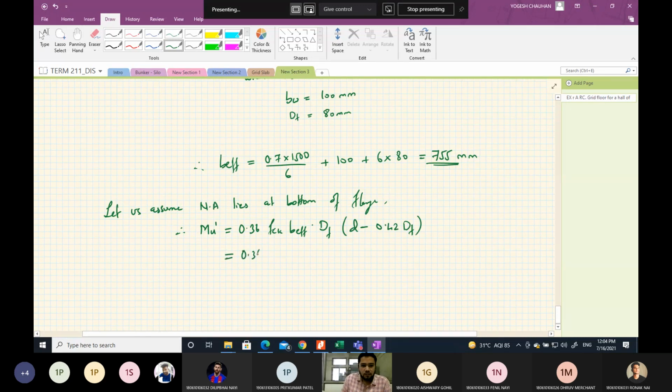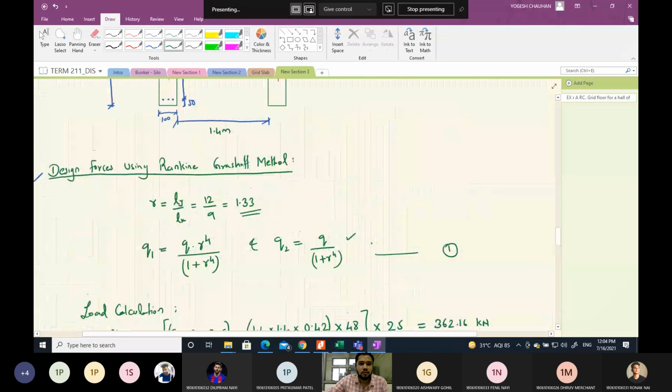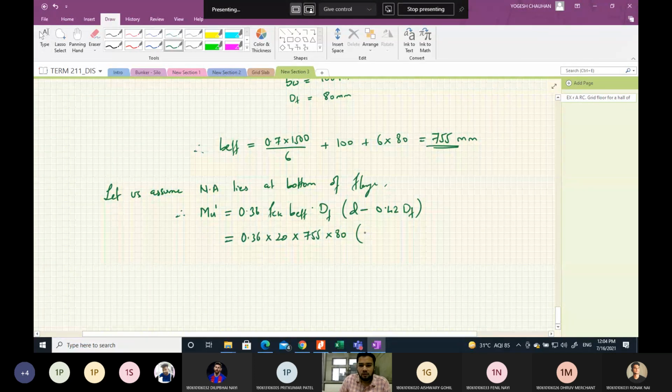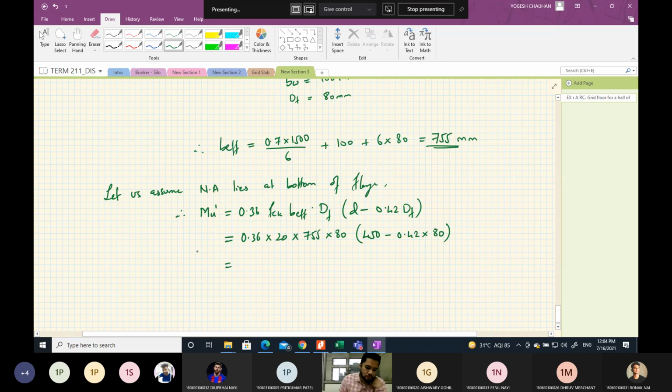So 0.36 into 20 into 755 into 80 into the effective depth 450 minus 0.42 into 80. So this will give you the moment of resistance.